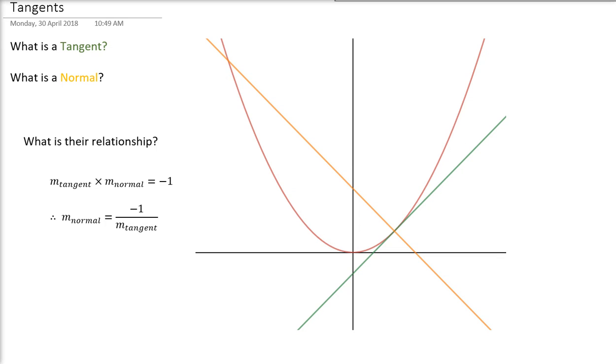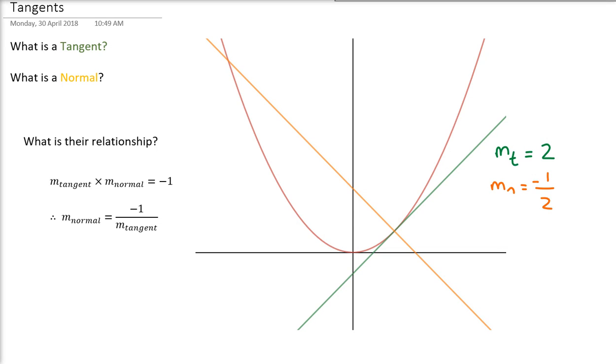Okay, happy with that? So if the gradient of this tangent is 2, then the gradient of the normal associated with that would be -1/2. Okay? Happy with that?